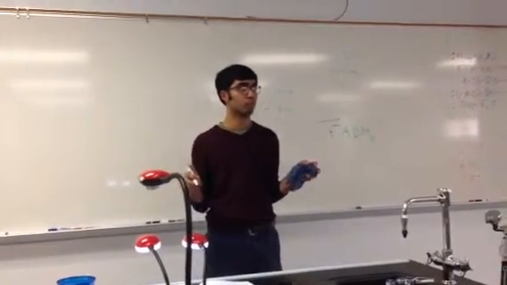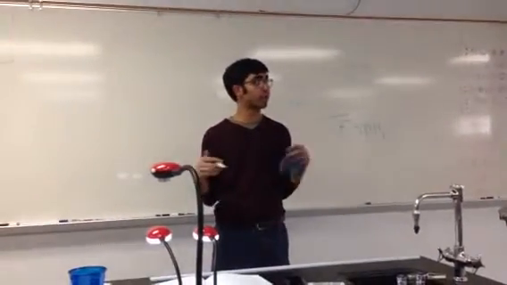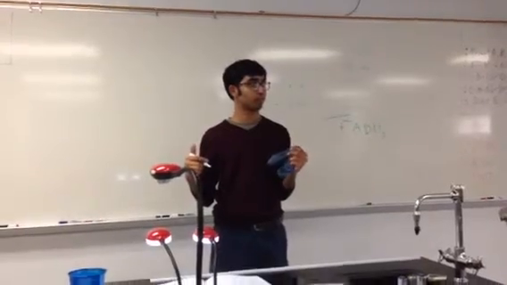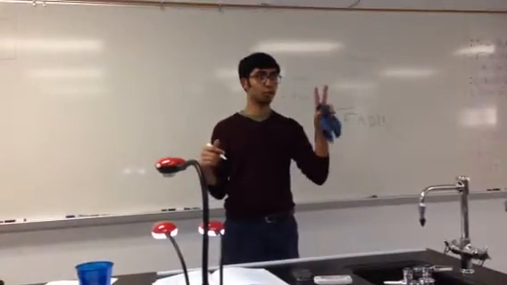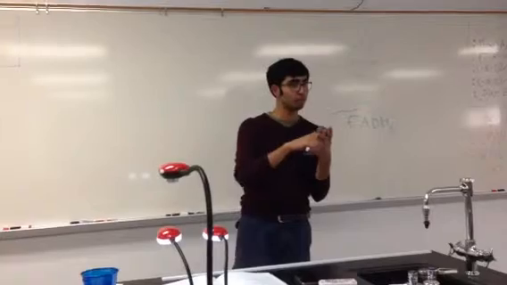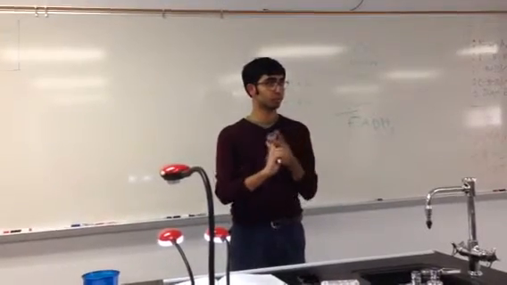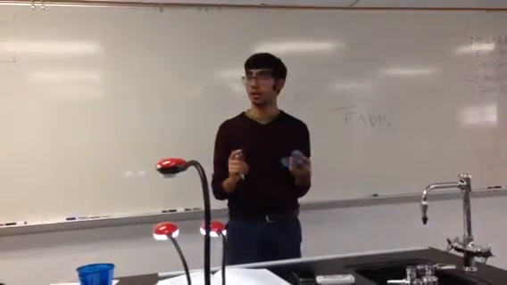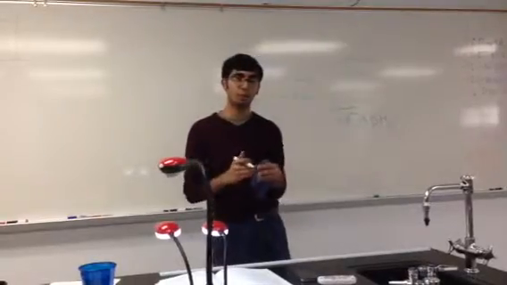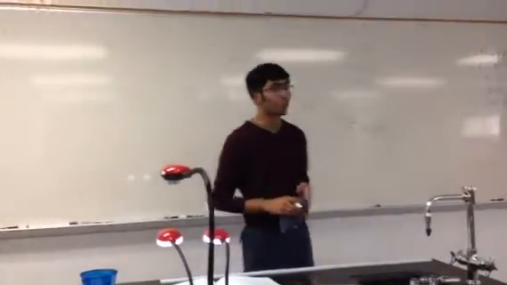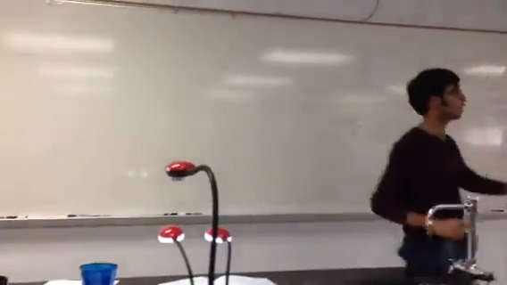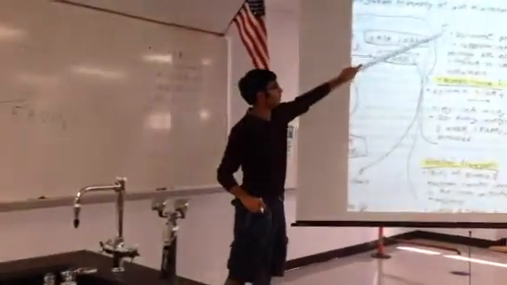Just glycolysis. 4 ATP, right? 2 net ATP, right? 2 pyruvate molecules, what else? 2 NADH, right? So at the end of glycolysis, that's what you have going on, okay? So we're here at the end of glycolysis now. We're going into the Krebs cycle. So from glycolysis to the Krebs cycle.